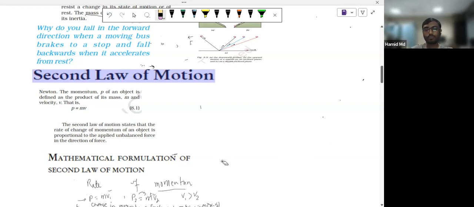So if we have to calculate the average velocity, how will you calculate it? If the initial speed of an object is u naught and the final speed is u final, what will be the average velocity in this case?